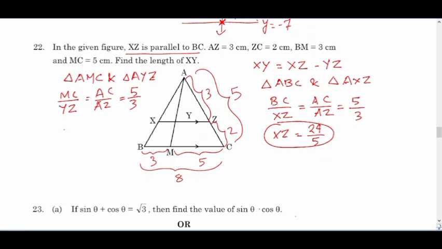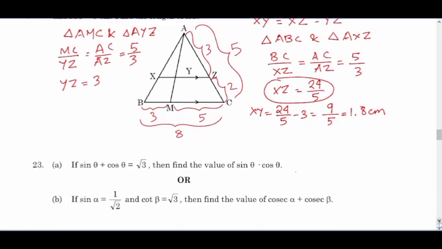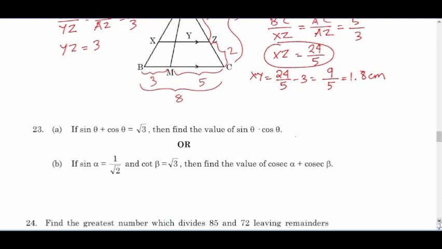Now the MC value is 5, so the YZ value will be 3. YZ is 3, XZ is 24/5, so XY will be 24/5 minus 3, that is 9/5, which is 1.8. So the XY value is 1.8 centimeters. Very, very simple question, just use similarity of triangles.